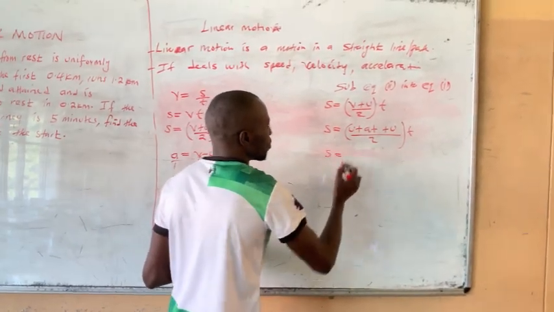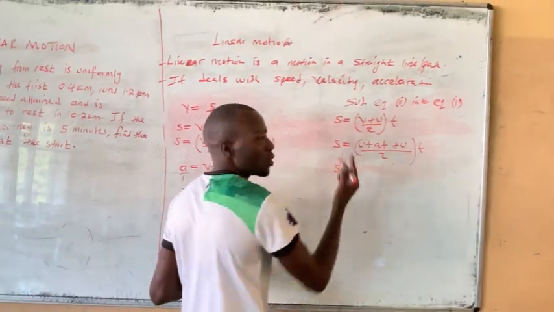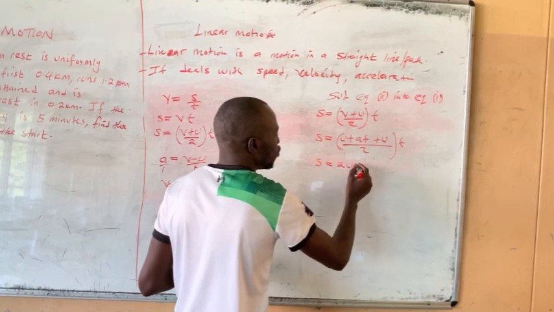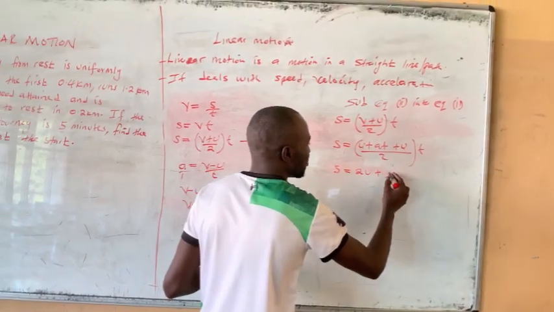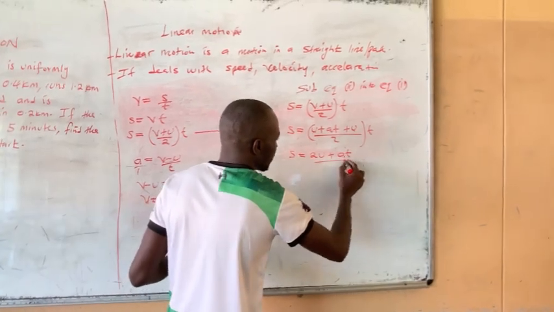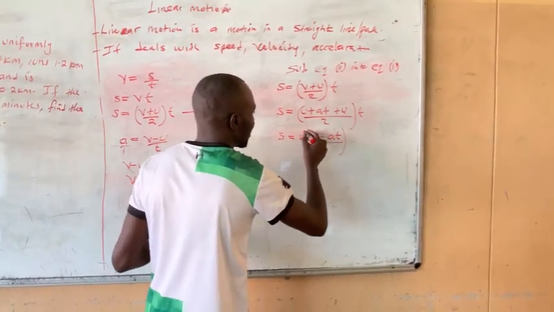These are like terms which you can add. So u plus u gives 2u, and here you just remain with at, over 2, multiplied by t.